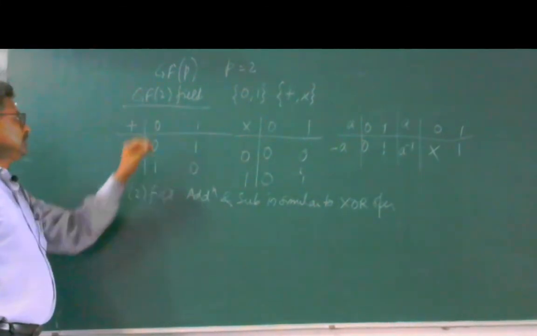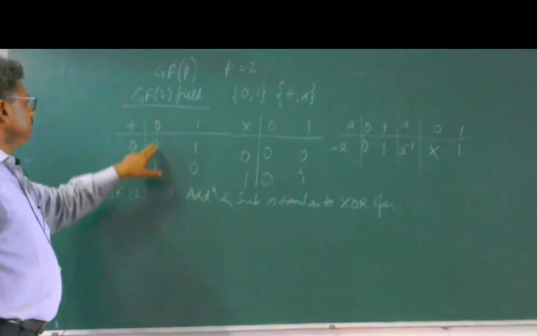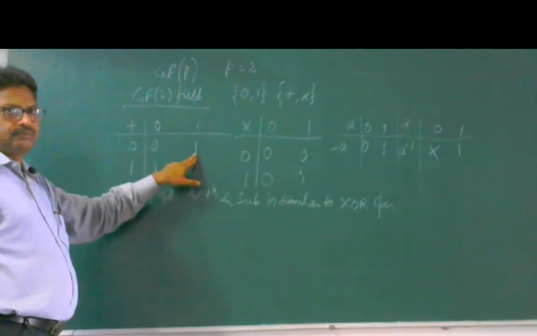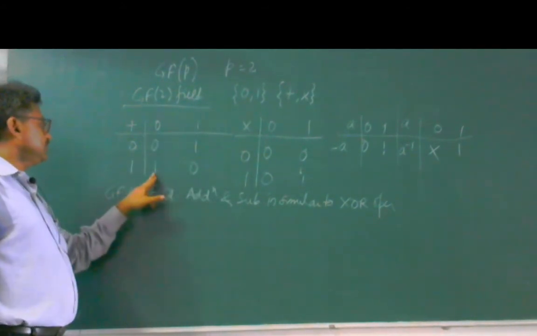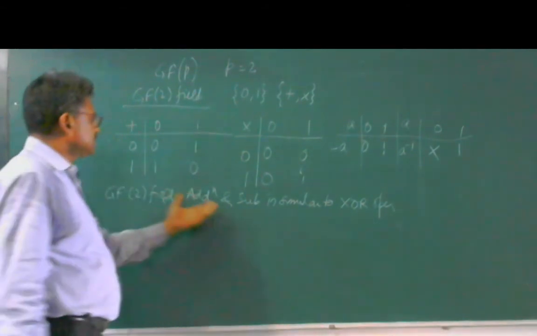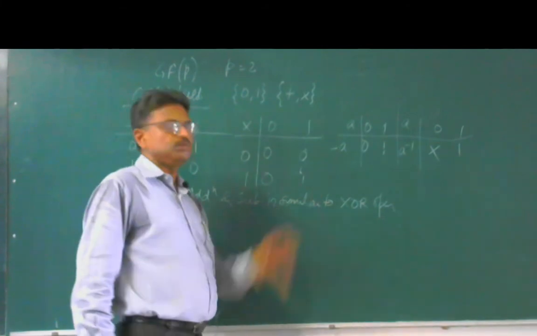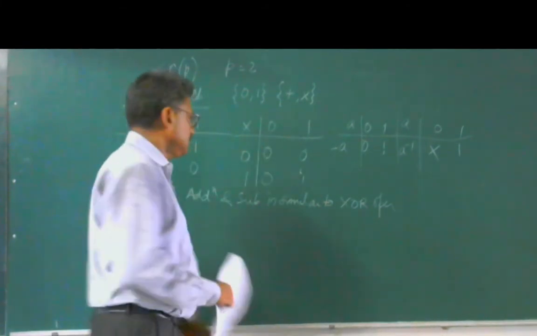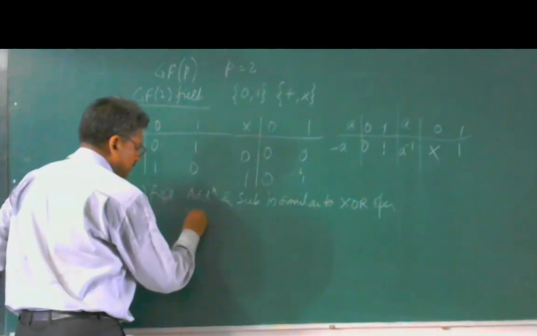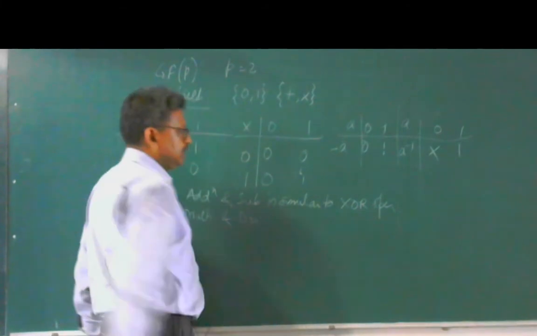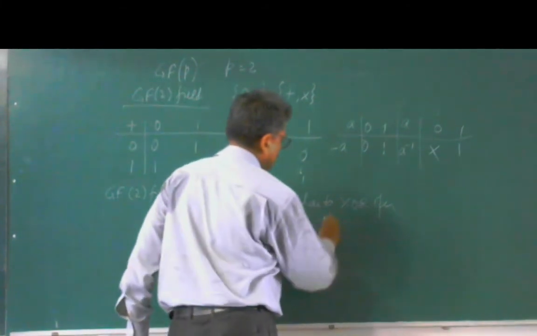If the elements are the same, the result is 0. If the elements are different, the result is 1. So addition as well as subtraction is similar to the XOR operation. And what about multiplication and division? The multiplication as well as the division is similar to the AND operation.